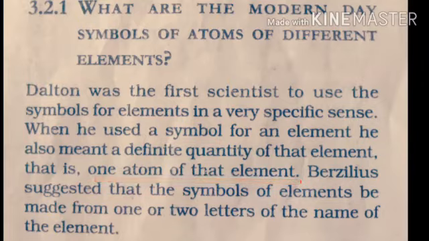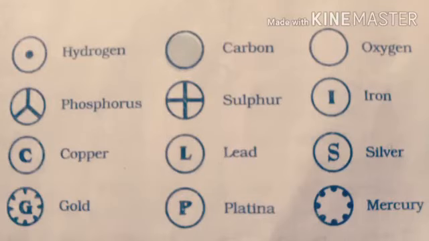As he knew that atoms are spherical in shape, he used a sphere and various signs to represent the symbol. As you are seeing in this picture, the first one is hydrogen. To represent hydrogen, he used a circle with a dot. For carbon, a shaded circle.